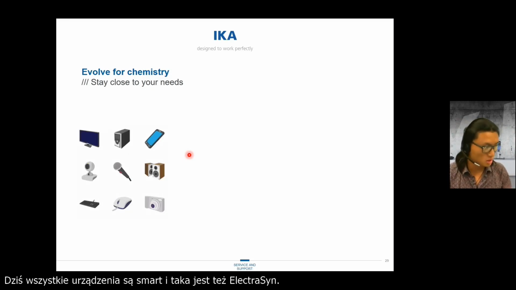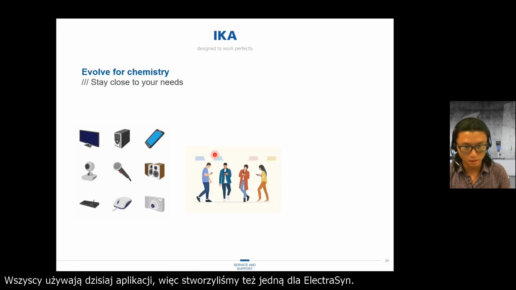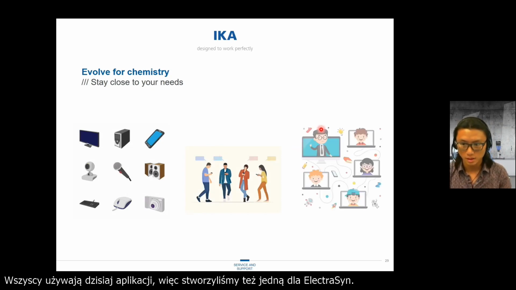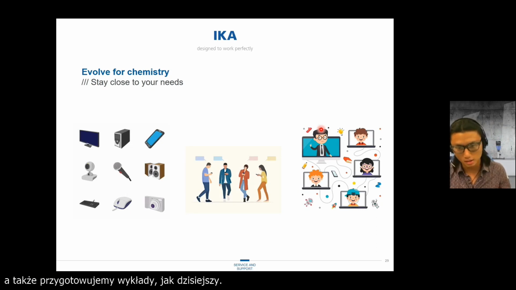Because nowadays, all the devices are smart, and so is electricity. Everyone is using the app, and we wish you do the same with electricity. And we are building a community for electrochemistry so that scientists are able to communicate with each other more efficiently as what we are doing here right now in this lecture.